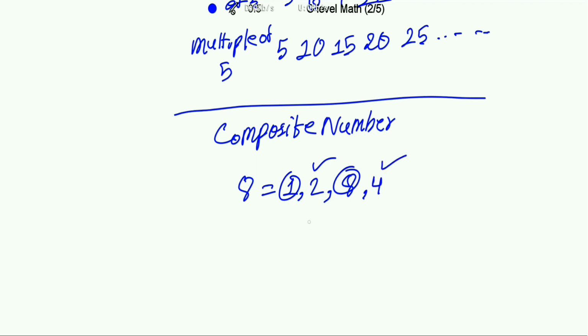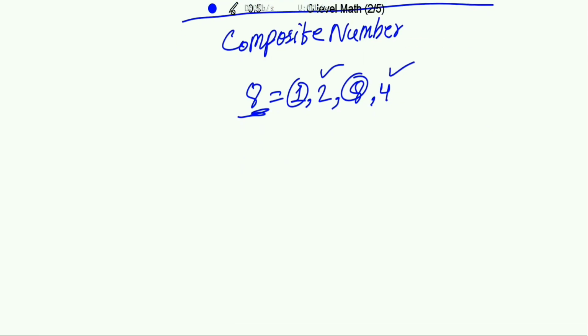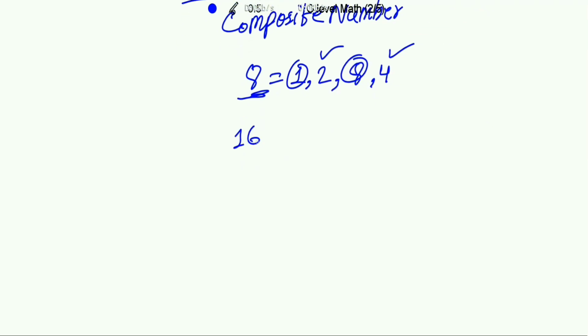So these are extra factors, which means this is a composite number. Let's say I want to know whether 16 is a composite number or not, and I will say yes, because other than 1 and itself, it has a factor of 2, because 2 can easily divide 16. 2 times 8 is 16, which means 8 is also a factor of 16, and 4 is also a factor of 16, since 4 times 4 is 16.